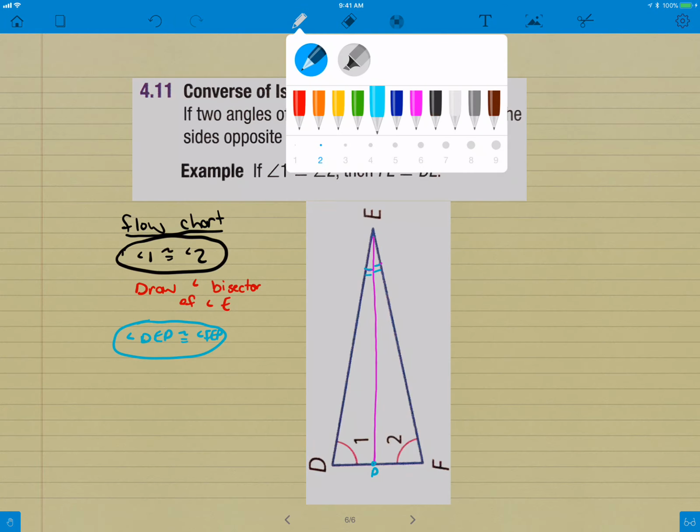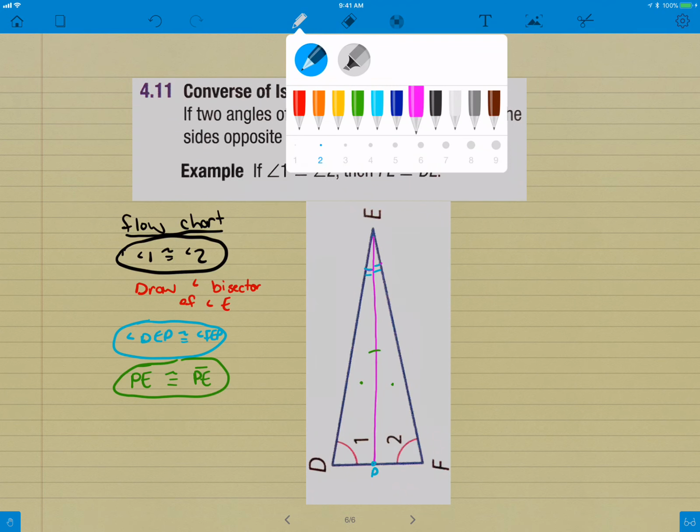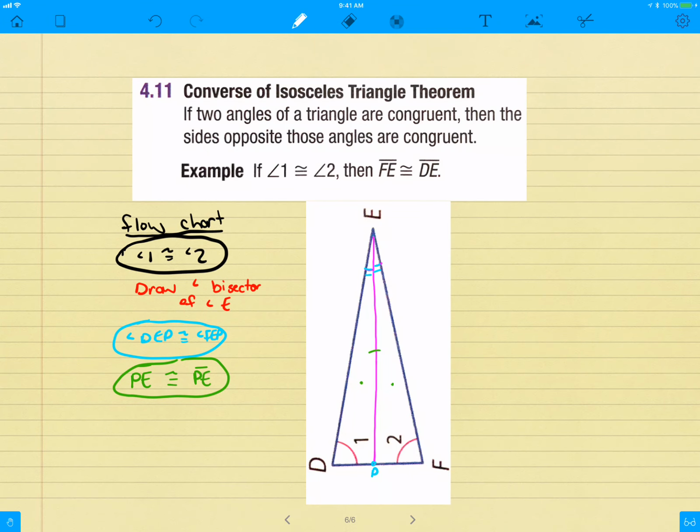And then obviously, one of the things from the picture that is obvious is we have the reflexive wall in the middle. So wall PE is congruent to PE. And now I have 3 markers per triangle, so I can actually prove that the 2 triangles are equal. So I could prove that triangle DEP is congruent to triangle FEP.